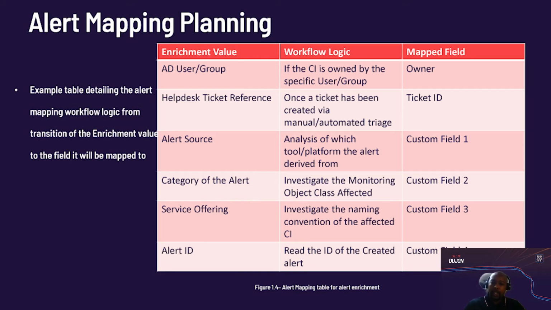We will say, well, if this particular server is in this particular business offering or service offering, then we want to populate custom field 3 with the name of that specific offering. And that would be part of custom field 3 because these bits of information we might not necessarily have in a management pack by default.